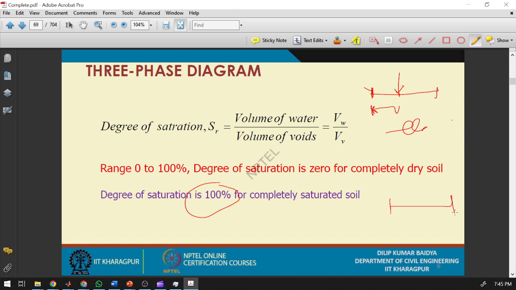On the scale, if this is the volume of voids, which can start not from 0 but just greater than 0, and this will also be the volume of water, and it will be 0, we can say volume of voids maximum, volume of voids minimum. No, you cannot say that.